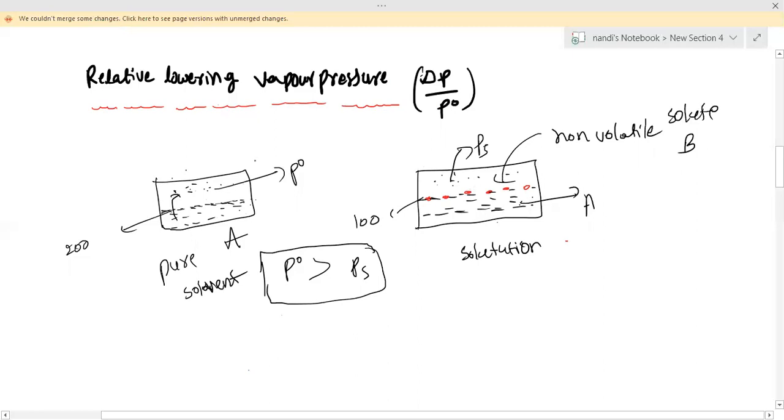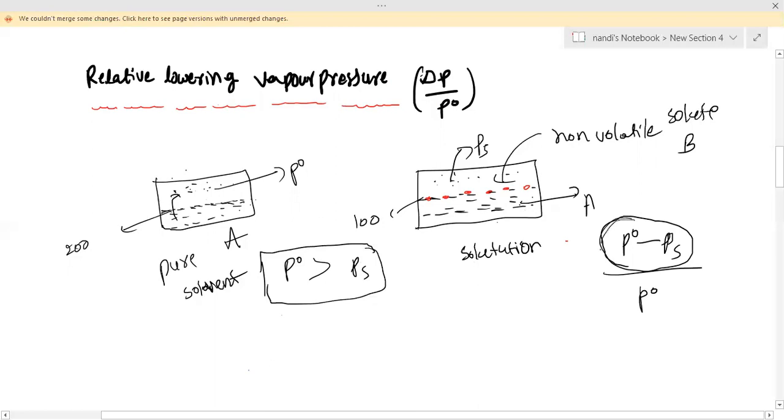That's only relative lowering of vapor pressure. Delta P is nothing but P naught, the original pure one, minus PS, which we know is less than P naught. With respect to whom? Again P naught. How much it decreases, divided by the pure solvent vapor pressure. The ratio of this is called relative lowering of vapor pressure.